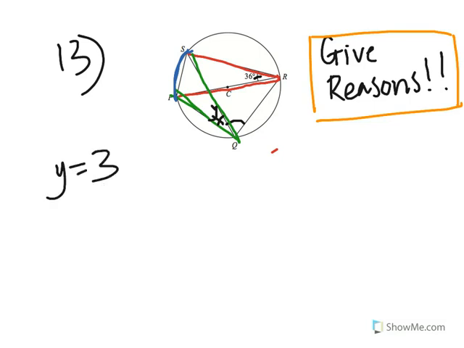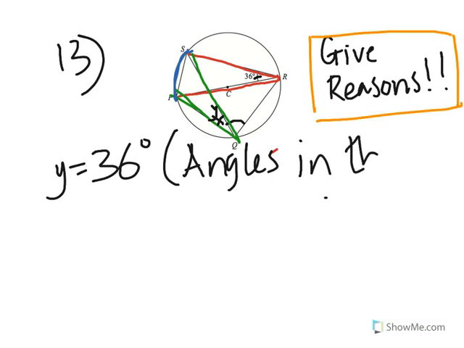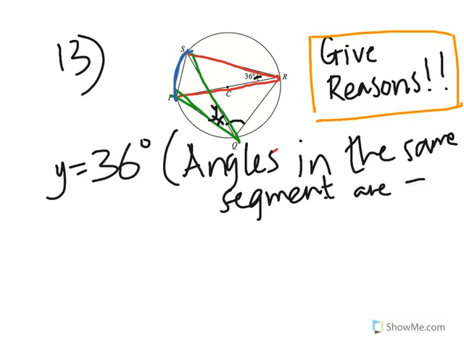So y is equal to 36 degrees. And in the question, they specify to give reasons for your answer. So you should say that angles in the same segment are equal. Alright? So you know that y is equal to 36.